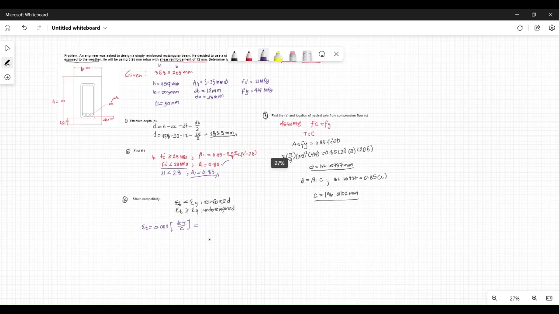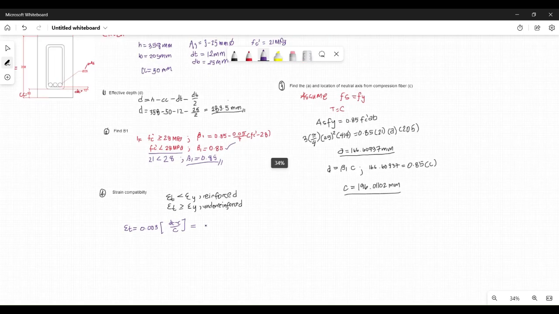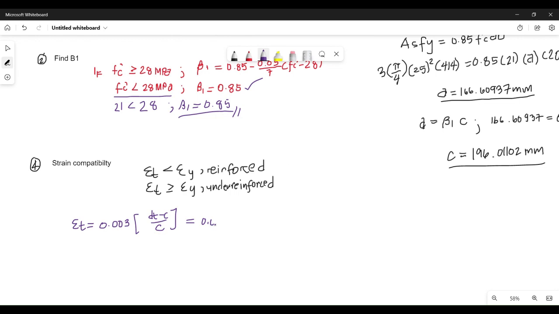So, we have our dt. Dt is yung kanina, yung diameter ng shear reinforcement natin, denoted as dt. 0.003 times our dt, 12, minus ang nakuha nating c.